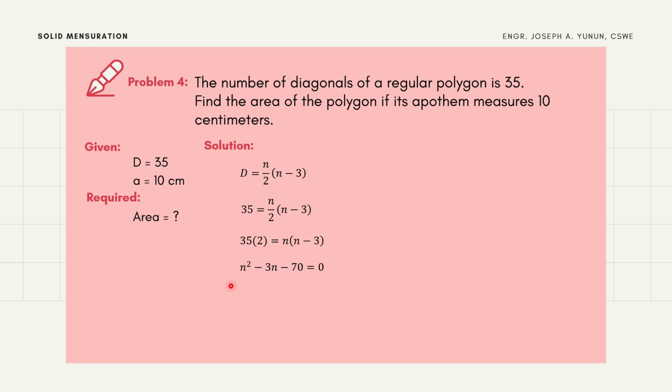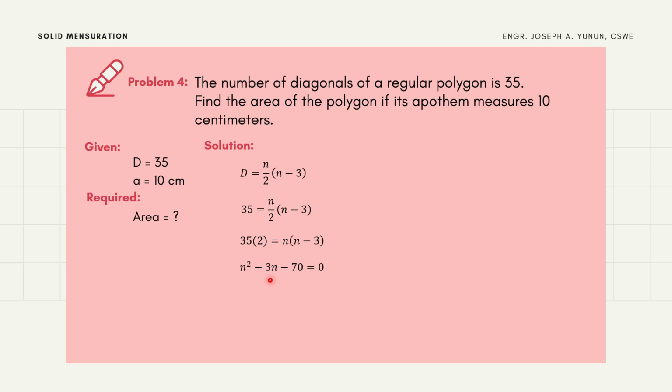But the given equation is a second degree polynomial. So you would need to determine the value of n by solving a quadratic equation, or second degree polynomial. Based on your algebra, you could use different methods like the quadratic formula or factoring.